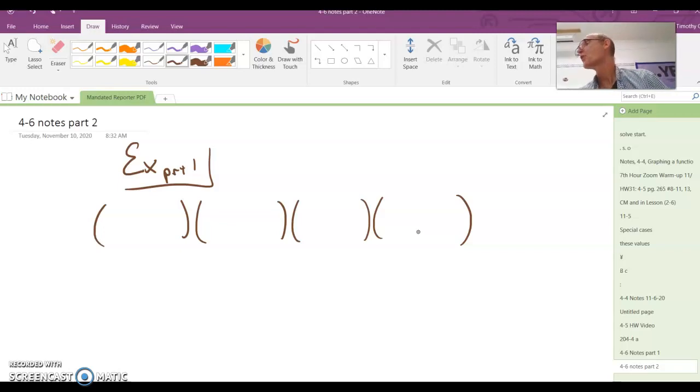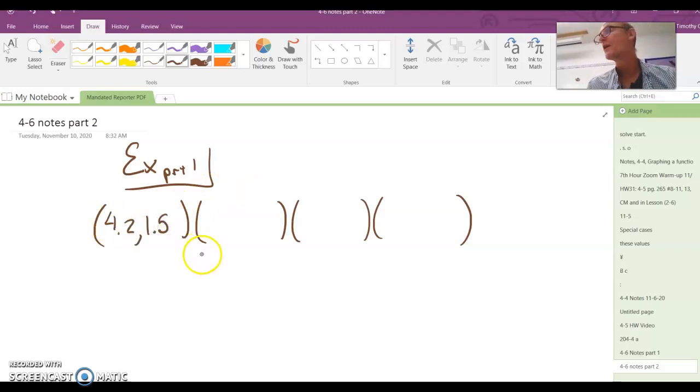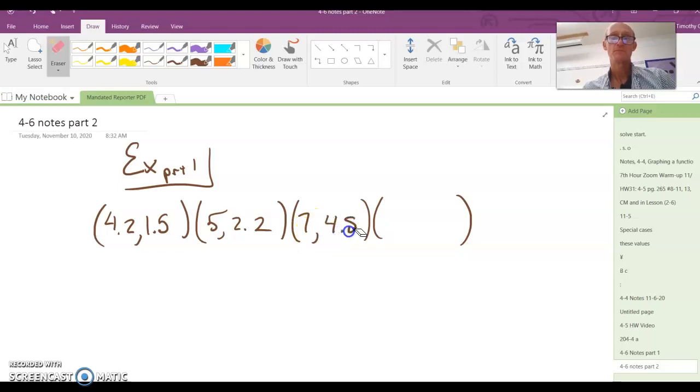It's (4.2, 1.5), (5, 2.2), (7, 4.8), and (2, 4.8).